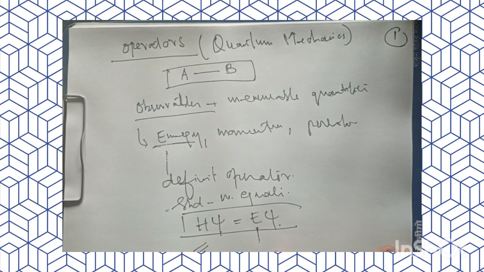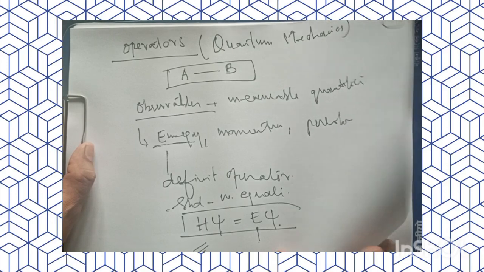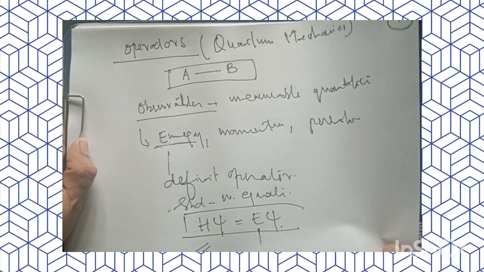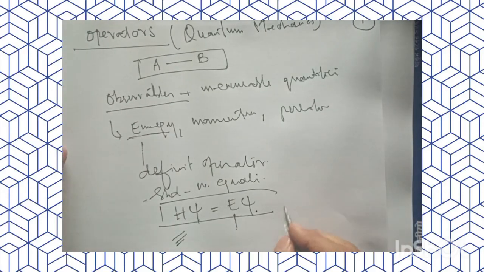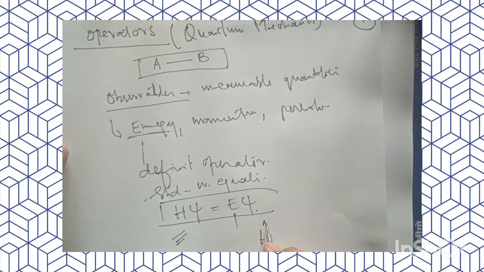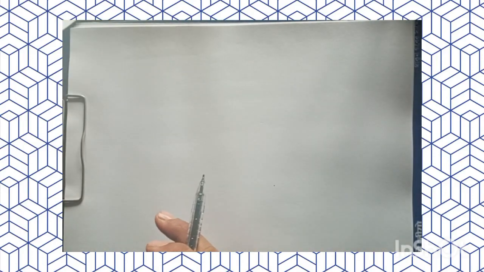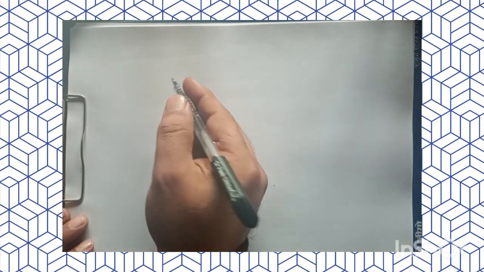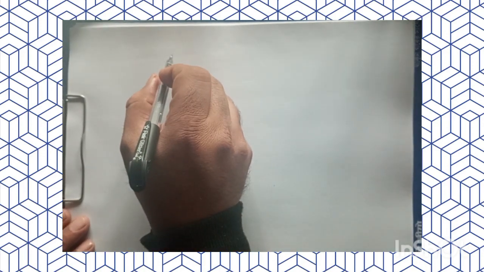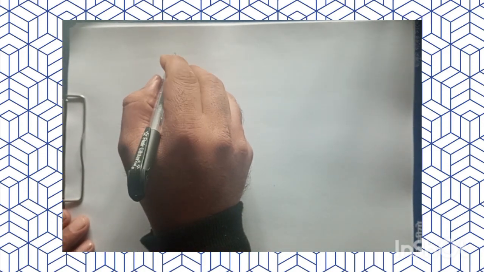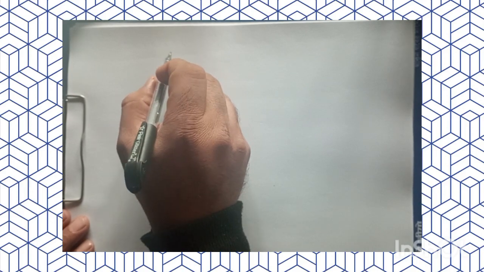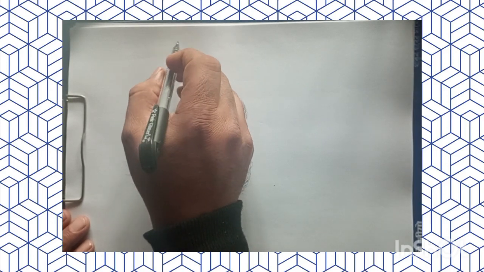So to move on from here, if I have to write the operator for Hamiltonian, I will choose that as H cap. For that, it is better to write down Schrodinger's equation in terms of these operators. So what is the Schrodinger's equation?